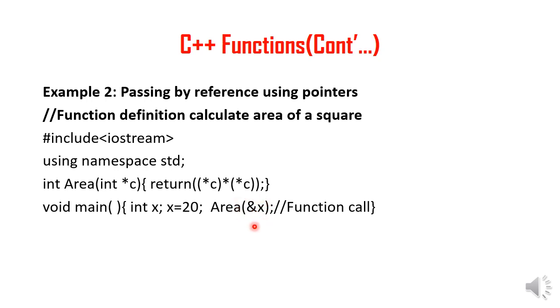It means that this address will be copied into the pointer, and because a pointer has the reference operator, this operator is used to get the value which is stored in this variable, and the function will use this value as the side and multiply this value by itself to get the area of a square.